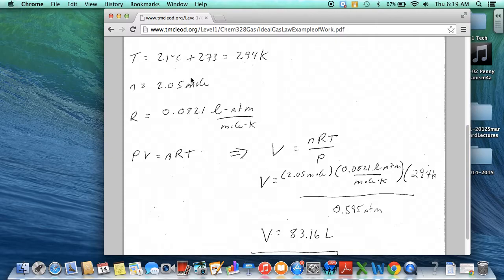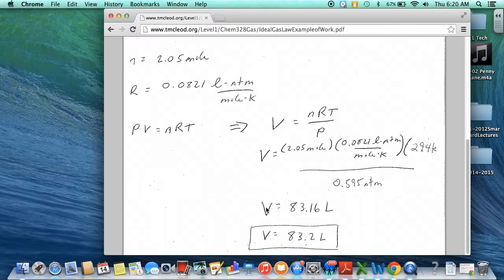Since you have declared all your variables and put all your units into R's units, so n, R, and T over P, you can see the atmospheres cancel, the K's cancel, the moles cancel, and you should get the units of L, which is what you're looking for.